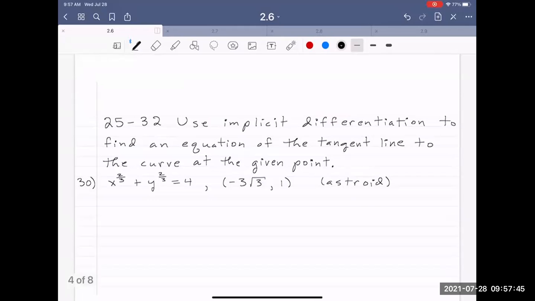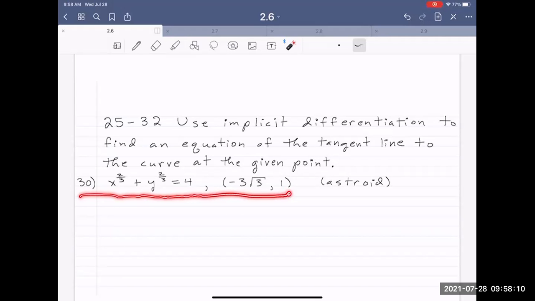Let me do problems 25 through 32: use implicit differentiation to find an equation of the tangent line to the curve at the given point. Problem 30: x to the 2/3 plus y to the 2/3 equals 4.